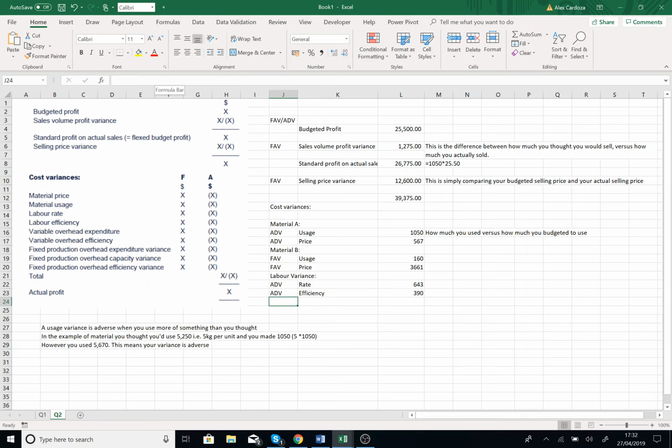Your variable overhead efficiency variance works in exactly the same way.